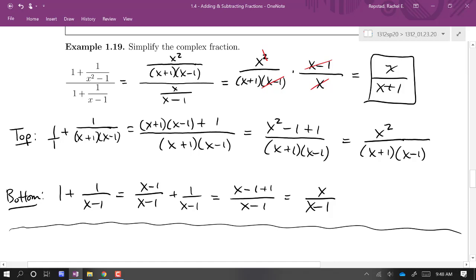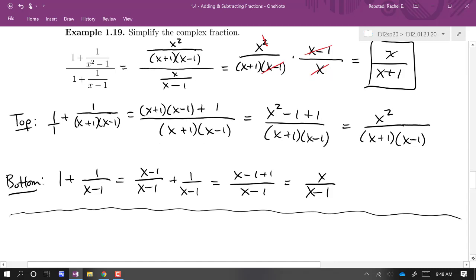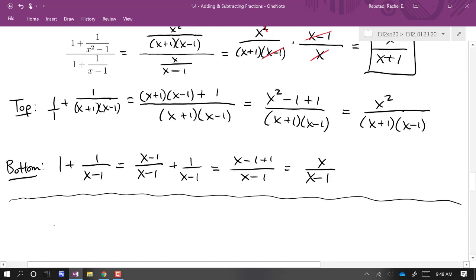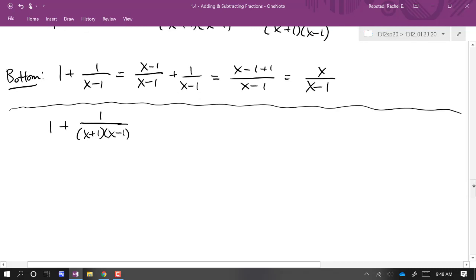We have another way to do a problem like this. The other technique involves keeping everything written as that complex fraction, but just factoring denominators. Over 1 plus 1 over x minus 1.